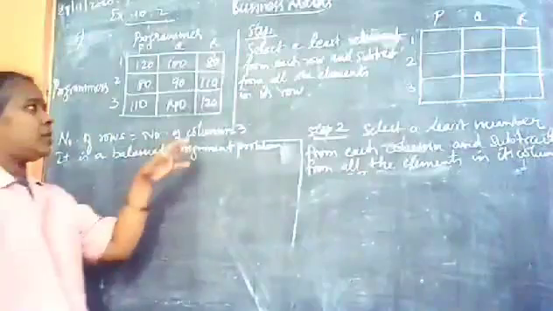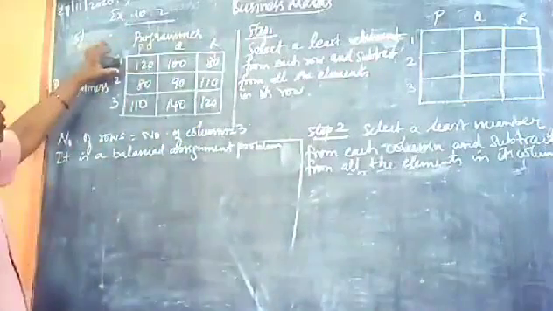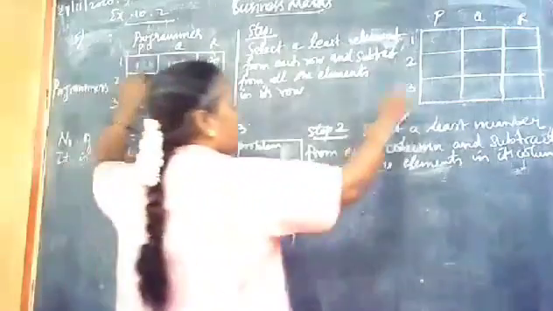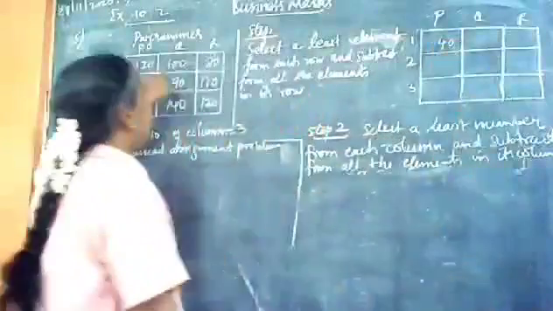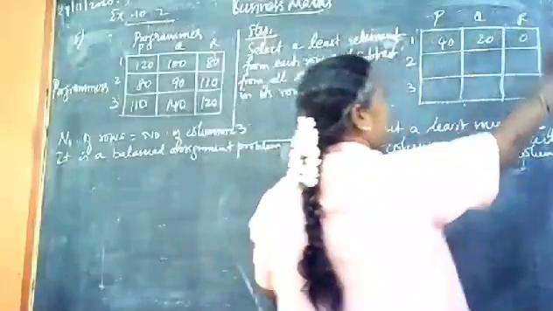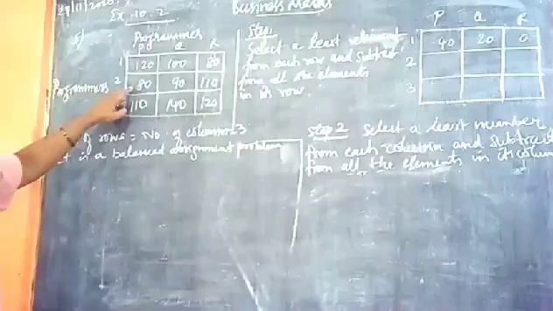Right? So select your least number from the first row now. What is the least number? 80. 80 minus 120, 40. 80 minus 100, 20. 80 minus 80, 0. Similarly, you search the second row for the minimum number.